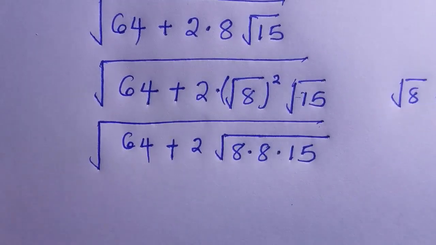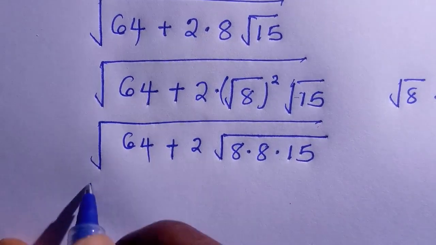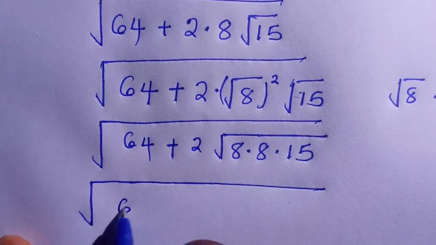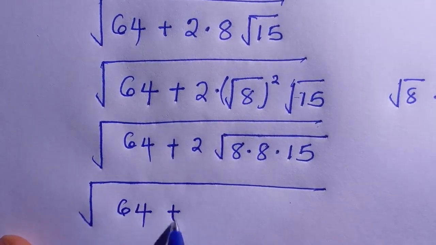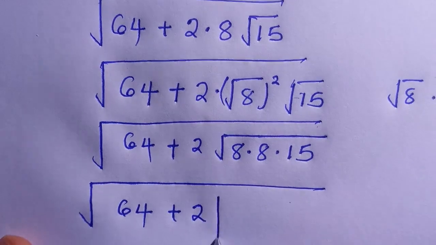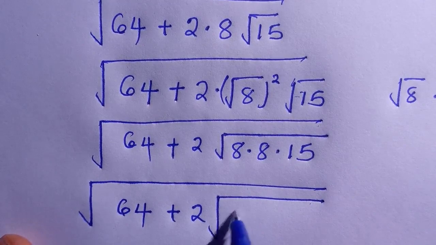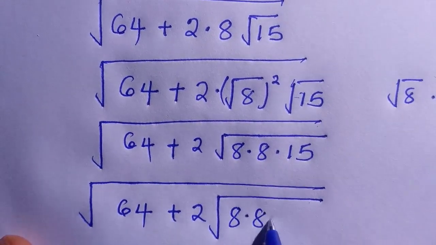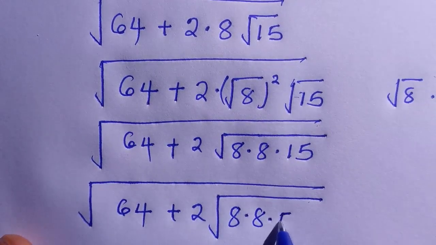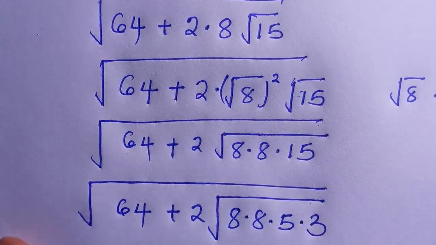And next we have the square root of 64 plus 2 square root of, let's say I break this 15 into, we have this as 8 multiplied by 8 multiplied by, here is 5 multiplied by 3.